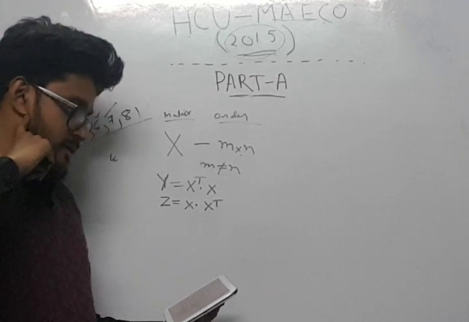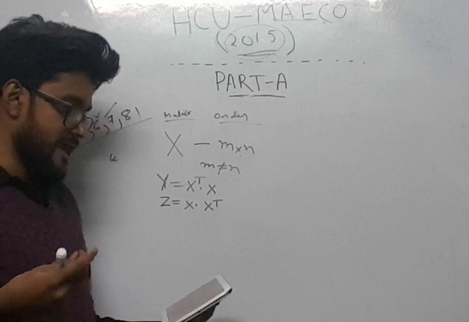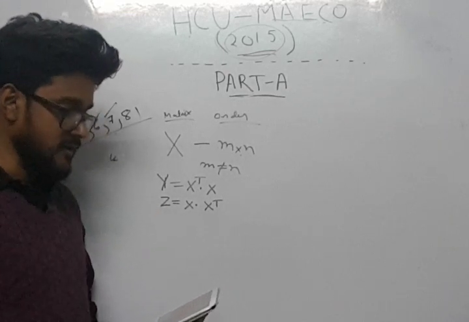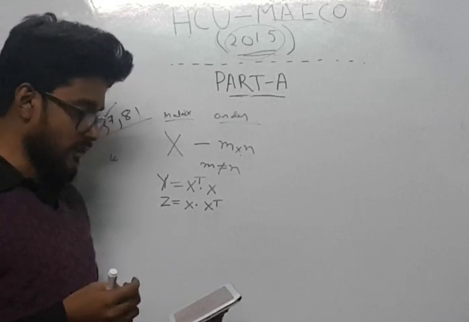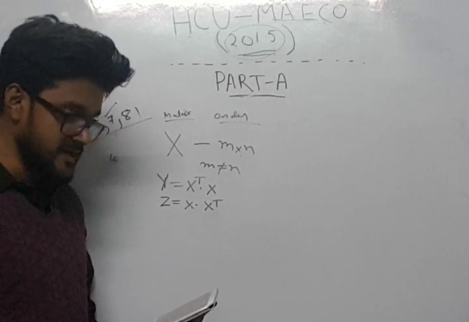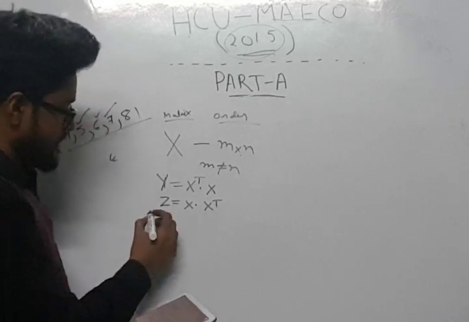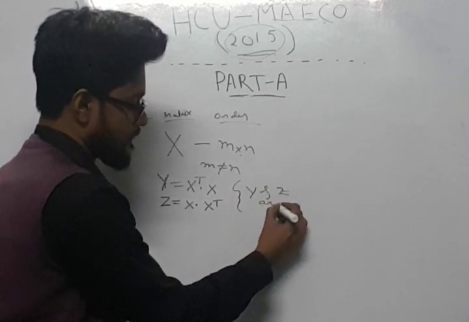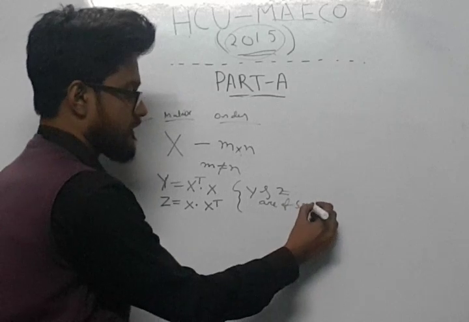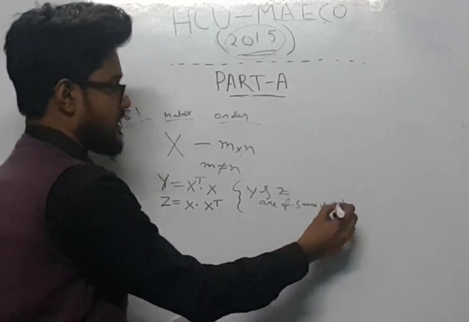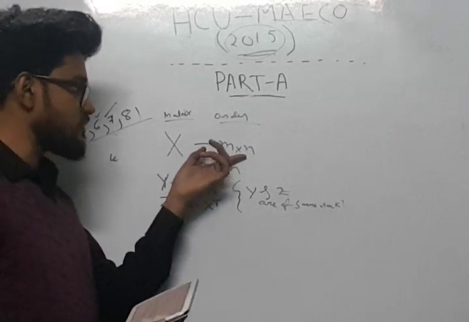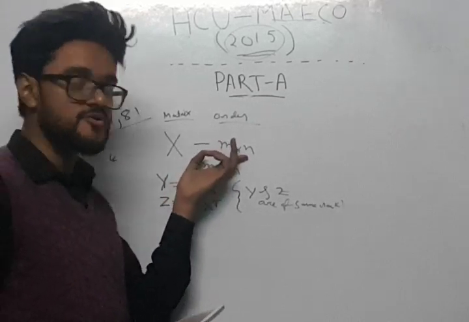Let R(S) denote the rank of any matrix S. So there are 4 options given. The first one seems to be the right one, which is that Y and Z are of the same rank. As you know, X is a matrix which has full rank of order m into n.